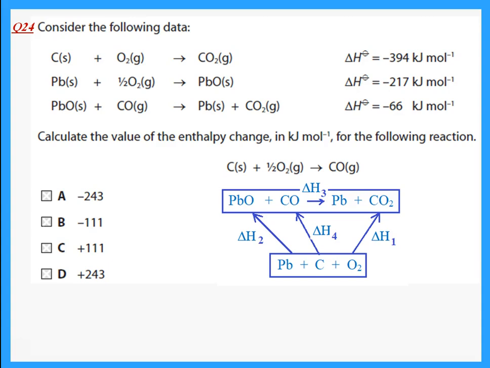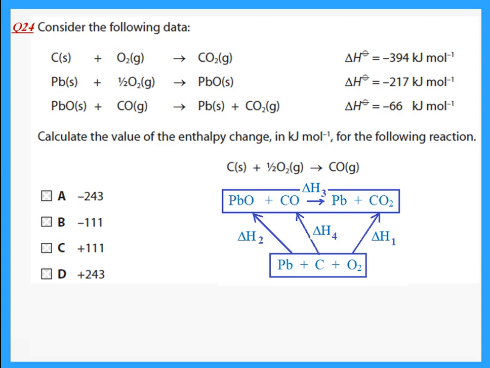So that is going from lead to lead oxide. And I have one from lead oxide plus CO to give lead plus CO2. I have that. And I have one for carbon plus oxygen to give CO2.